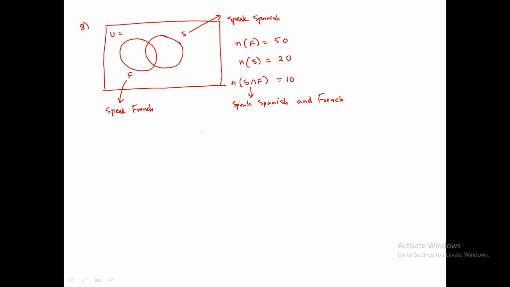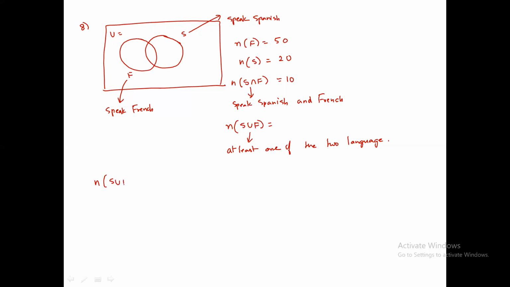How many speak at least one of the two languages? At least one of the two languages means S union F. At least one of the two languages we have to find. At least one means at least Spanish or at least French or both. That is why it is union.